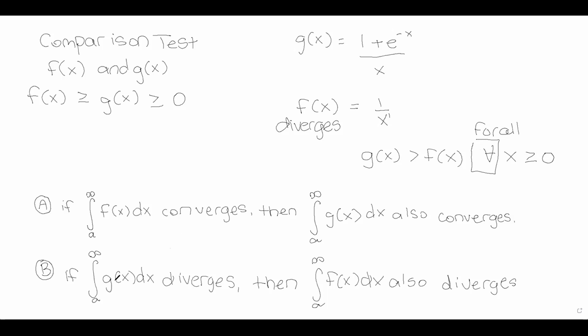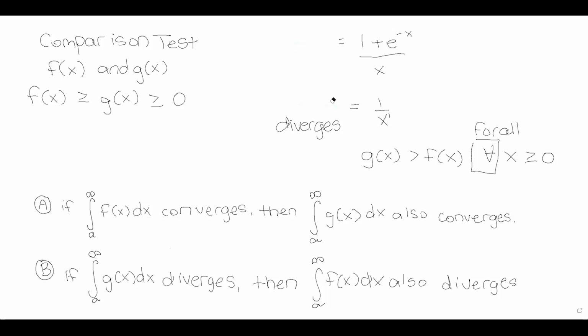So it tells us that if the smaller of the two functions diverges, then the other one also diverges. So let's switch letters real quick. I'm sorry, it might be kind of confusing.